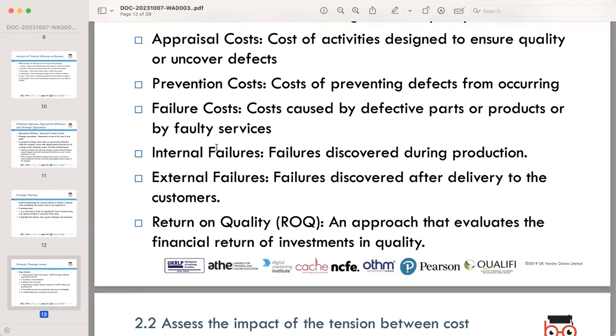So having such information allows an organization to determine the potential savings to be gained by implementing process improvements.